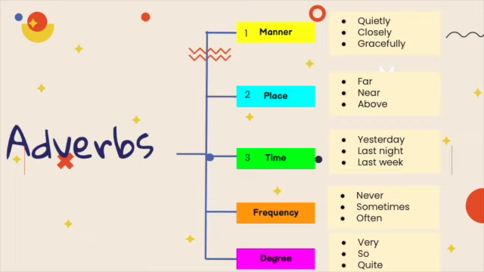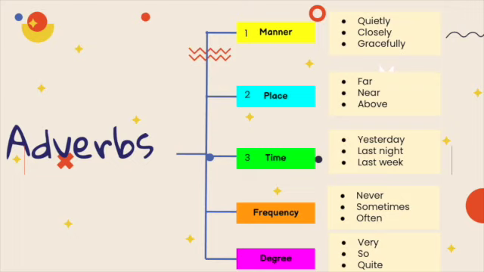The first, manner, examples will be quietly, closely, gracefully. Place: far, near, above. Time: yesterday, last night, last week. Frequency: never, sometimes, often. And degree will be very, so, and quite. These are the categories of adverbs.